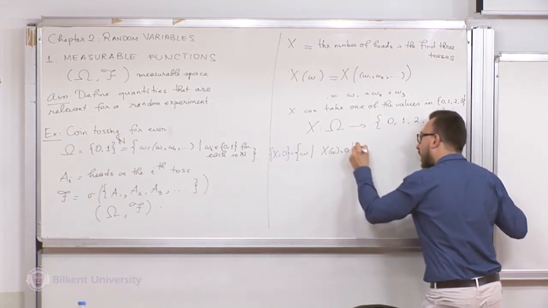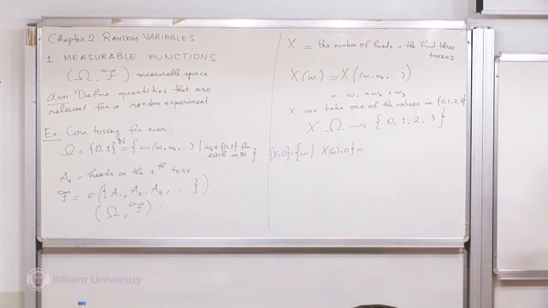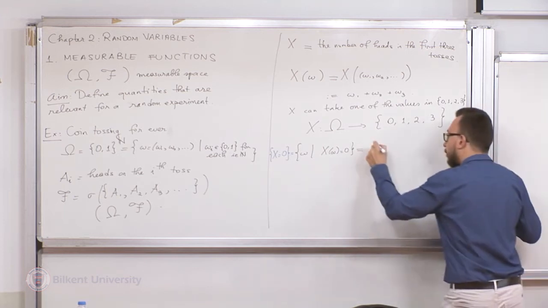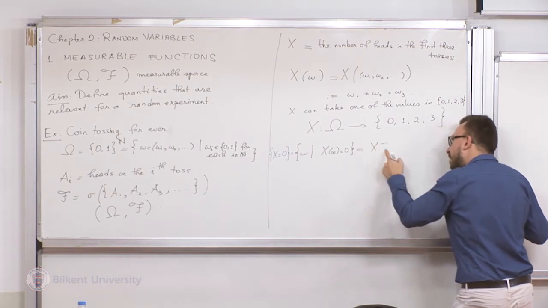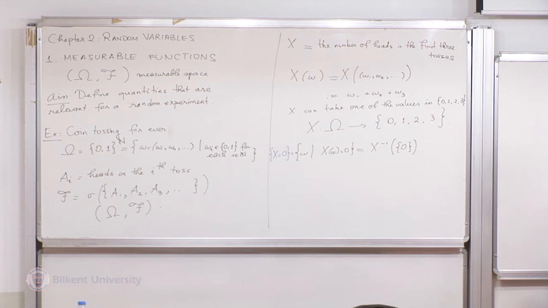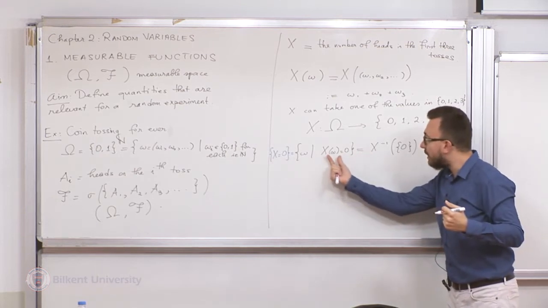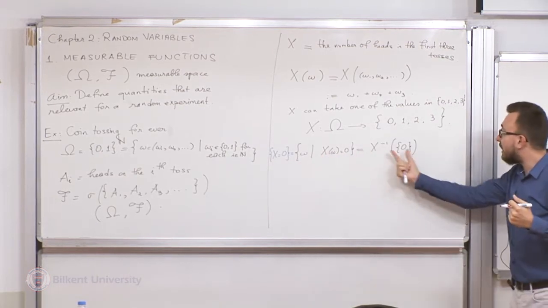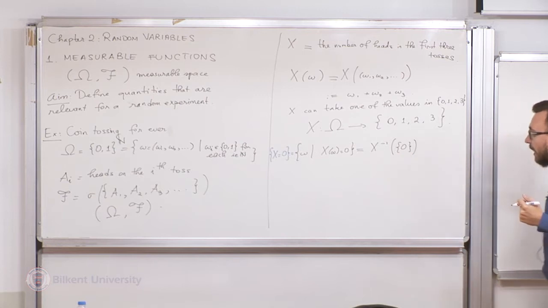If you're more familiar with the notation in usual set theory and functions, maybe in your calculus courses, this is the preimage of the set {0} under the function X. It's not the inverse function. It's the preimage, right? It's the set of all outcomes in the sample space for which X takes the value 0.